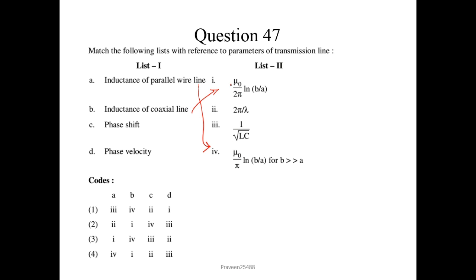We can differentiate between these: for coaxial line it is mu0 upon 2 pi natural log b upon a. For parallel wire line, it is mu0 upon pi natural log b upon a. Now phase shift is 2 pi by lambda, and phase velocity is 1 over root of mu epsilon. So correct sequence is 4, 1, 2, 3. Fourth one is the correct answer.